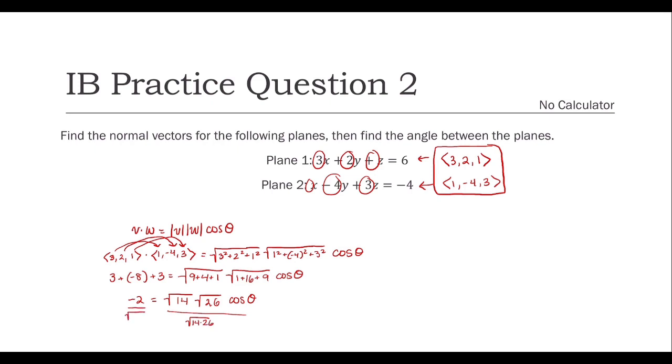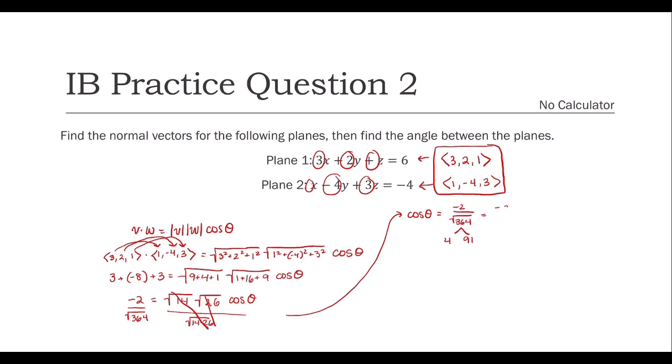So divided by the square root of 364, those will cancel. So then we get that cosine of theta equals negative 2 over the square root of 364. 364 is 4 times 91, so we can pull a 2 out of the radical.